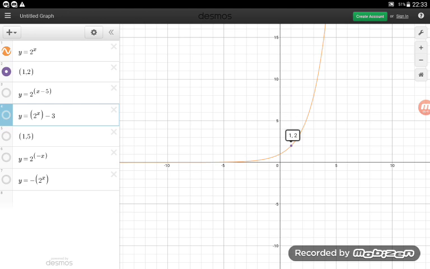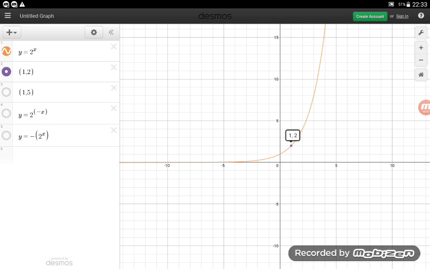Lastly, I'll wrap up this video with reflections, which we already mentioned in the previous video. So here I have y is equal to 2 to the power of negative x. Let me remove the stuff that we already did. Now we're talking about y is equal to 2 to the power of, in the exponent I have negative x. We are multiplying a negative to the x, and we mentioned this in the previous video.